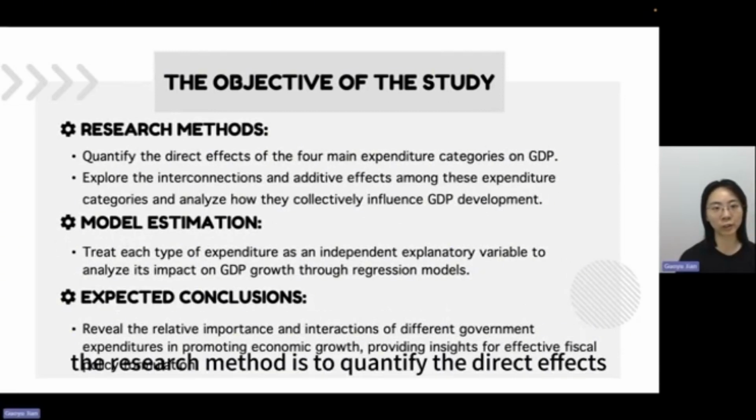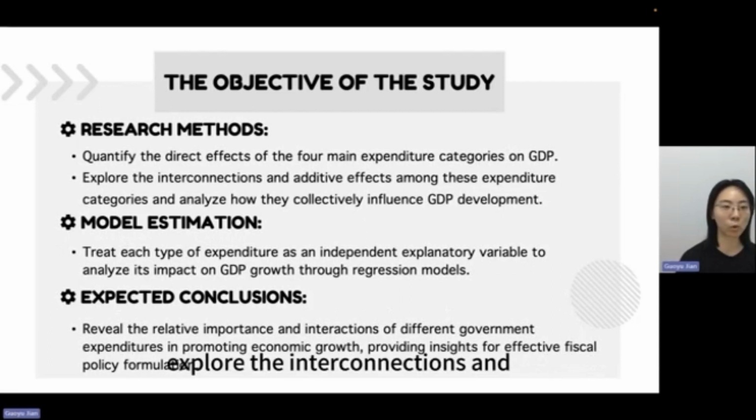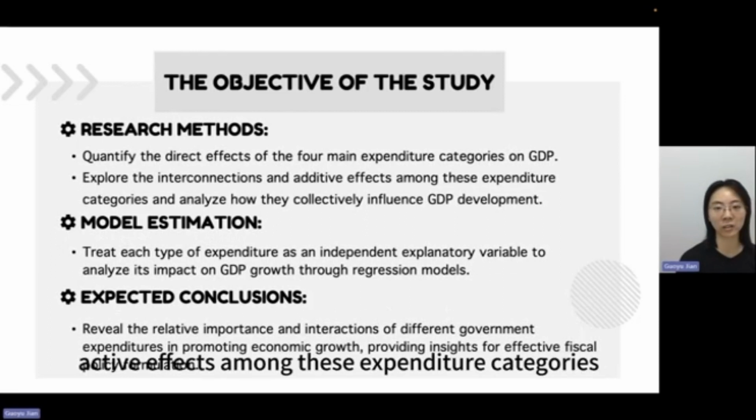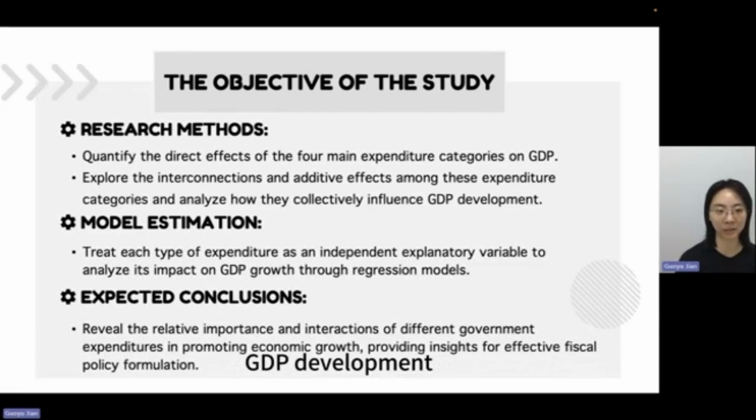The research method is to quantify the direct effects of the 4 main expenditure categories on GDP, explore the interconnections and additive effects among these expenditure categories, and analyze how they collectively influence GDP development.